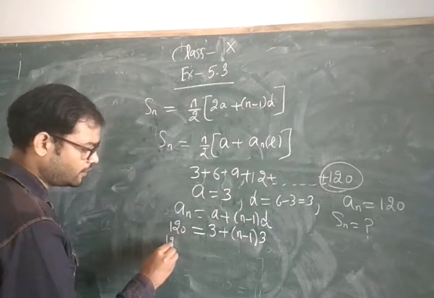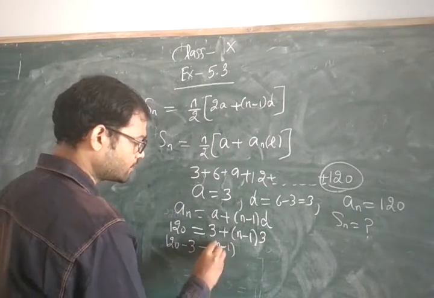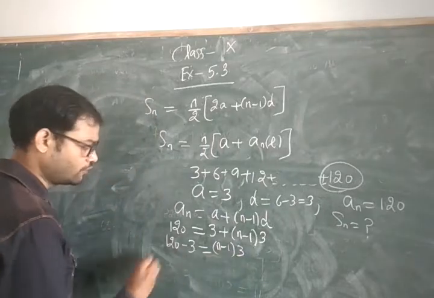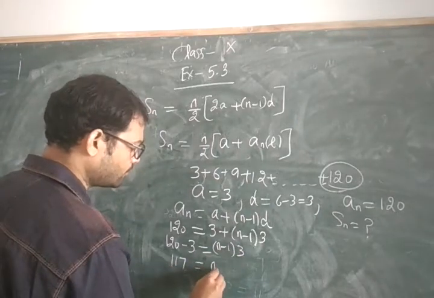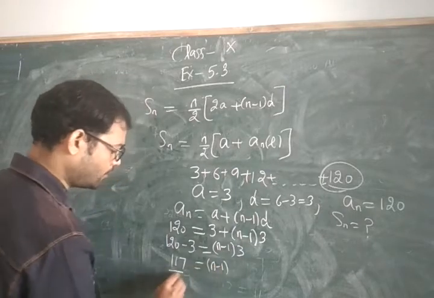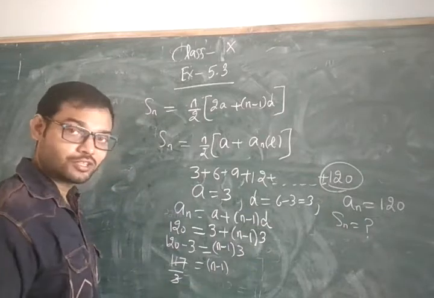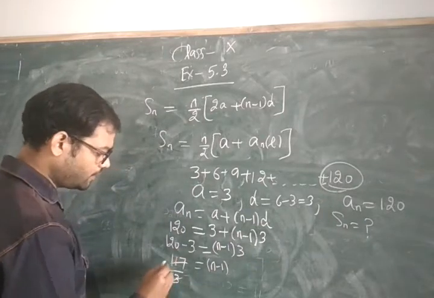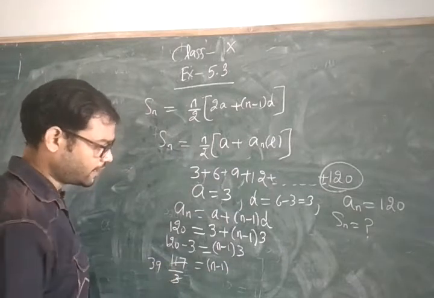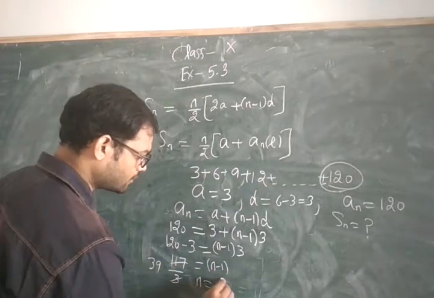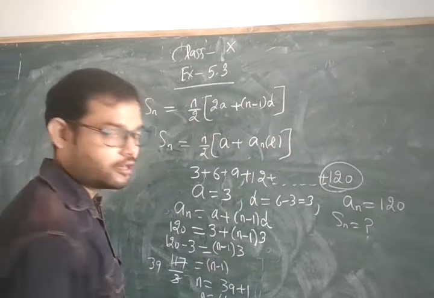So 120 minus 3 is equal to n minus 1 into 3. When you subtract, it becomes 117. That is equal to n minus 1 into 3. When you cancel 117 with 3, it becomes 39. So n is 39 plus 1, and it becomes 40.